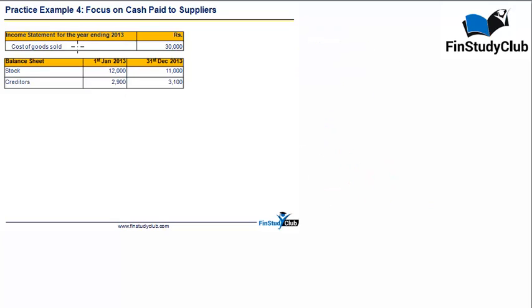Let's come to a very, very important aspect of cash paid to supplier, where one of the items from the income statement is COGS, and the balance sheet items are twofold, which is one stock, which is inventory, and the creditors, which is accounts payable.